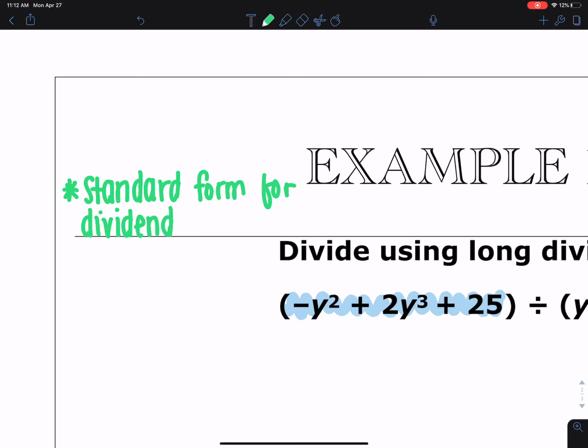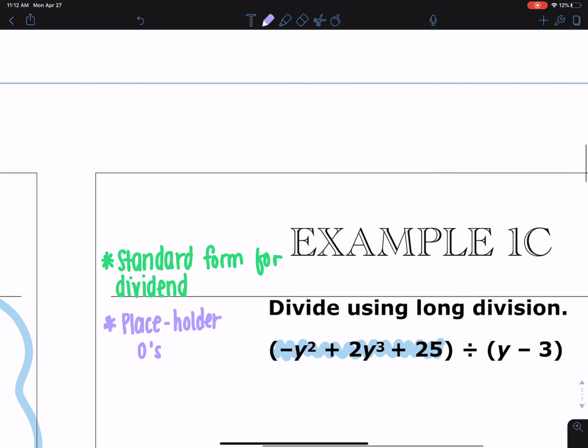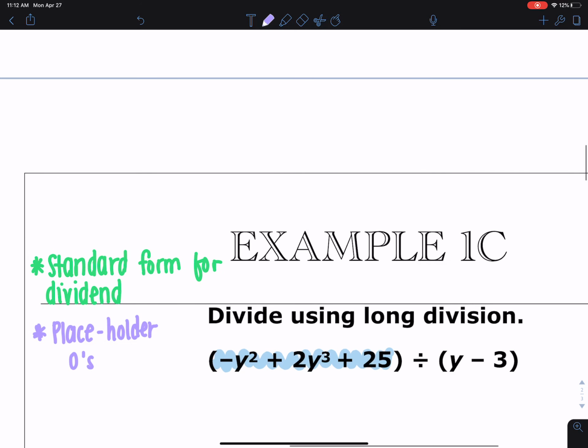So for a dividend. And then the next most important thing, and this is huge also with synthetic division, you will get the wrong answer every time if you don't do this. We need placeholder zeros. So what that means is if we have something like this expression, so ignore example 1c for now.